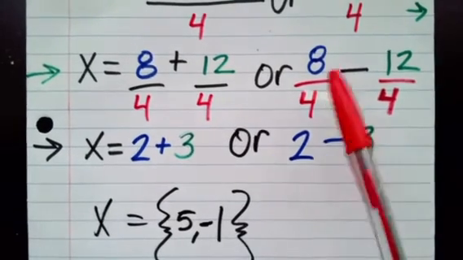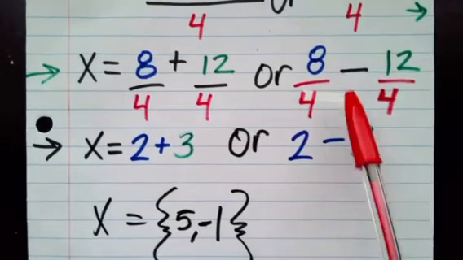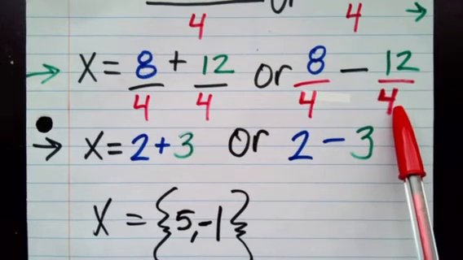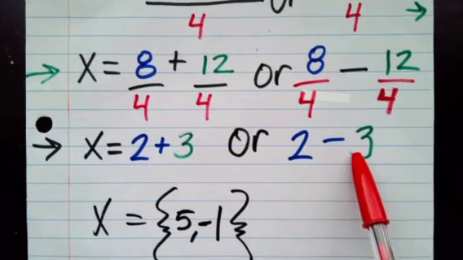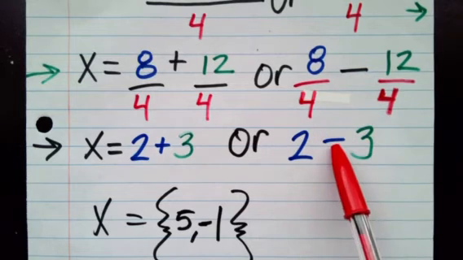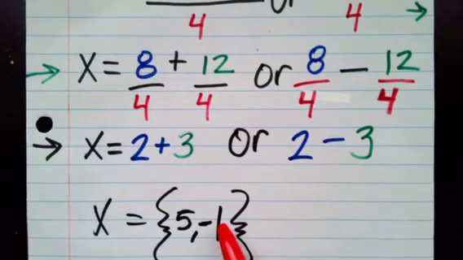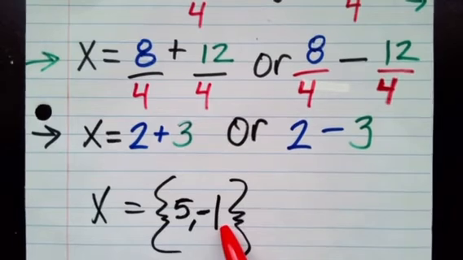Or 8 divided by 4 is positive 2, minus 12 divided by 4 is a negative 3. Well, that minus sign makes it a negative 3. 2 plus a negative 3, or 2 minus 3, ends up giving you x as a value of negative 1.